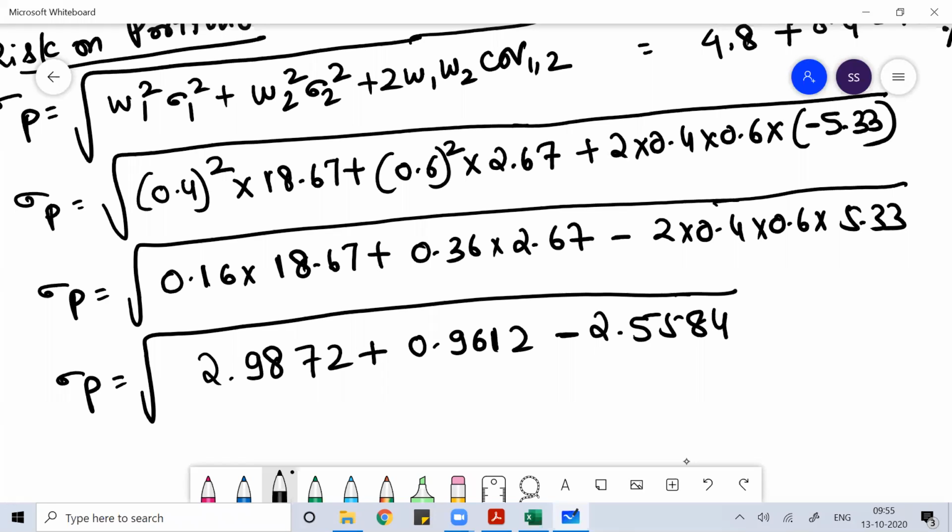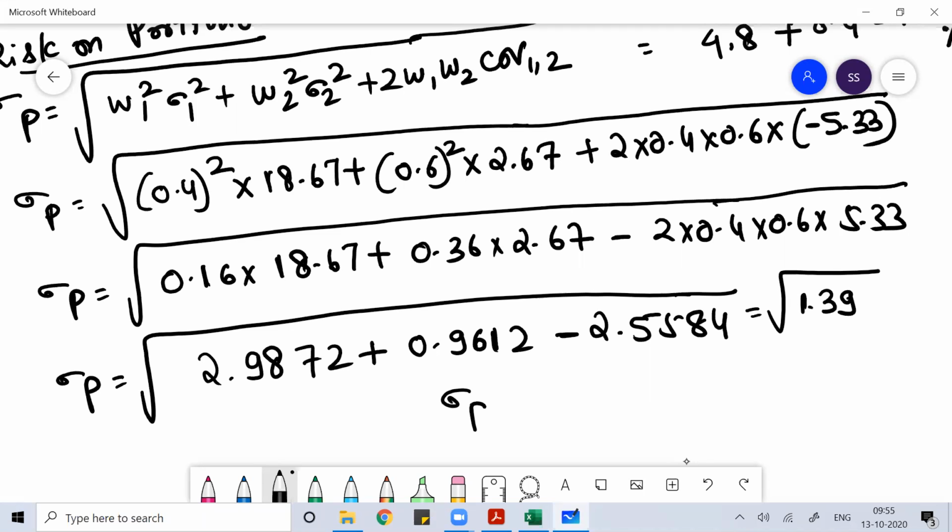So 2.9872 plus 0.9612 minus 2.5584 is root of 1.39.